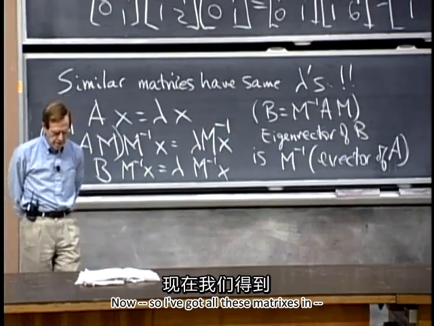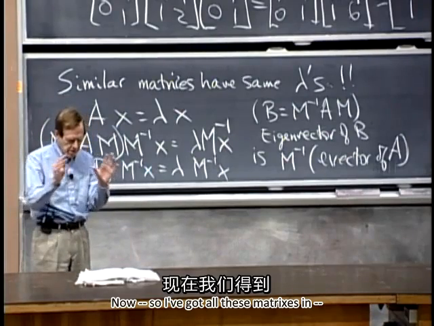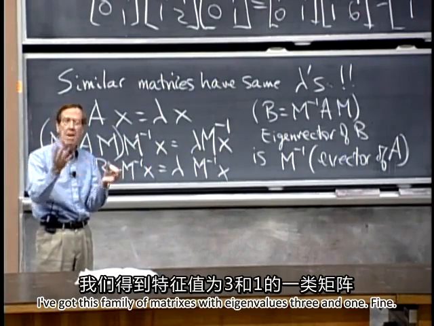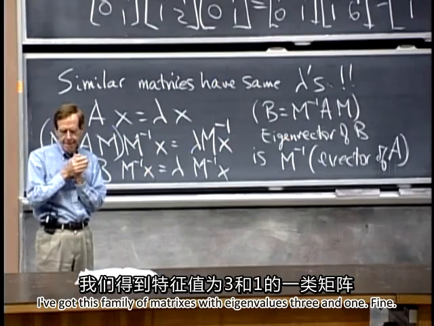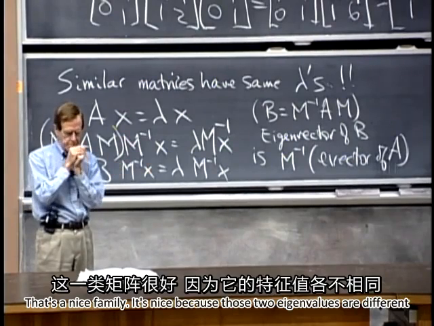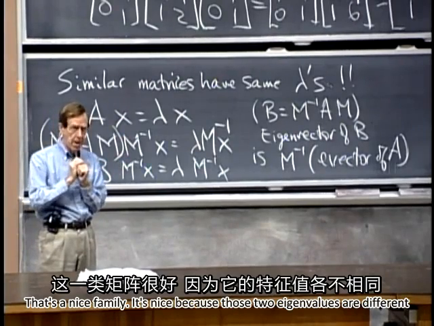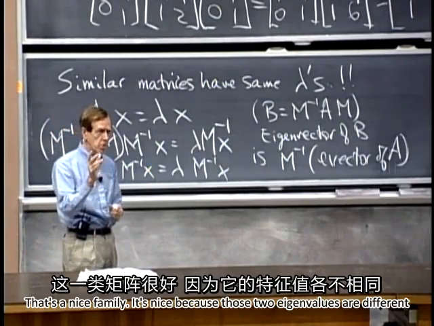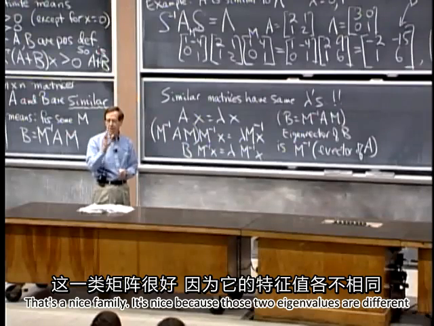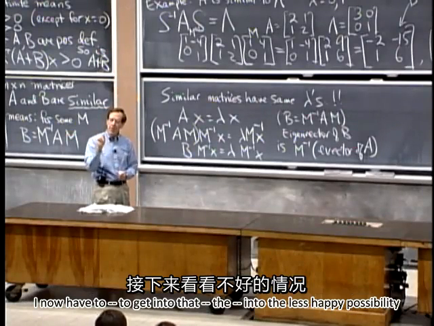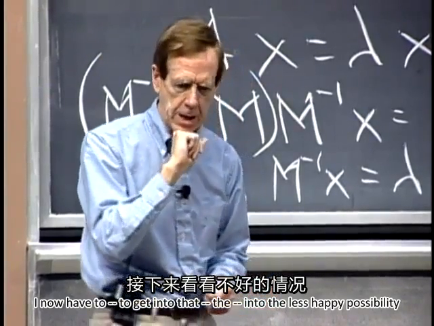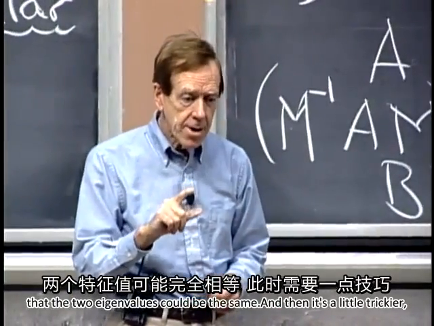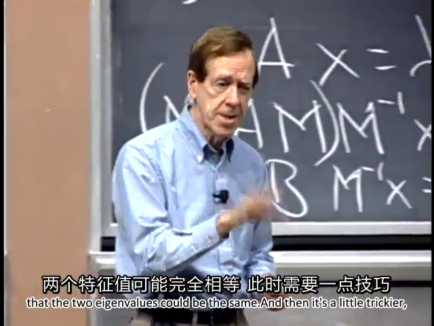Now, I've got all these matrices, this family of matrices with eigenvalues 3 and 1. Fine. That's a nice family. It's nice because those two eigenvalues are different. I now have to get into the less happy possibility that the two eigenvalues could be the same.